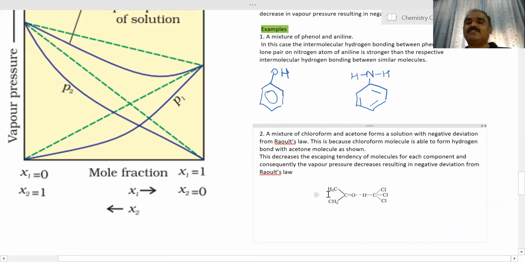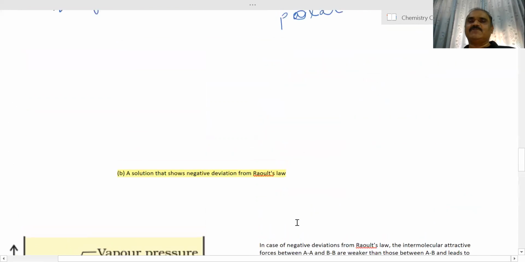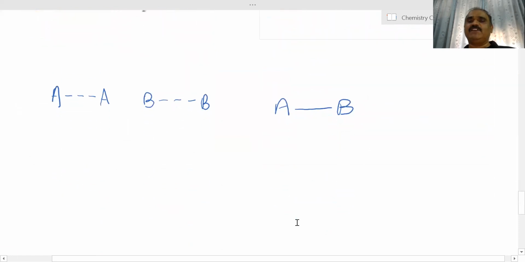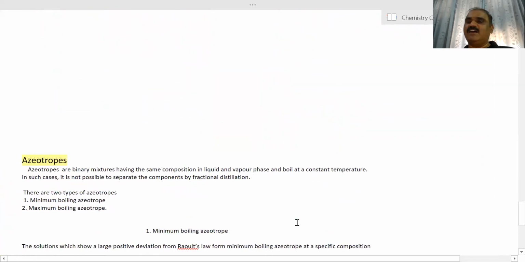But when acetone and chloroform mix together, this H atom of chloroform and this O atom of acetone will have interactions. And these interactions are stronger. Due to this, it is also showing negative deviations. Okay. So this was about solutions showing positive and negative deviations from ideal behavior from Raoult's law.